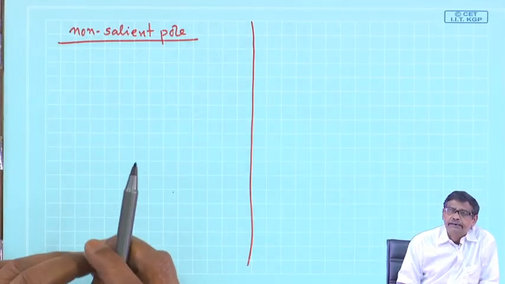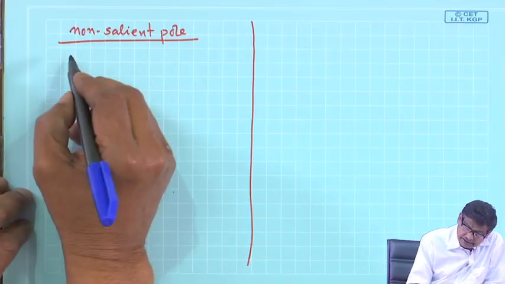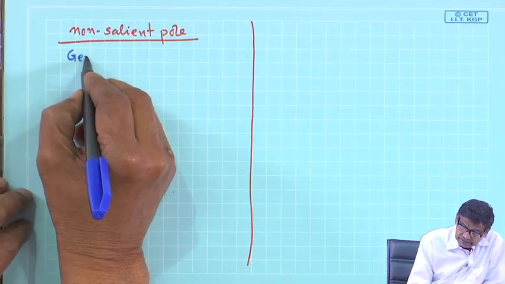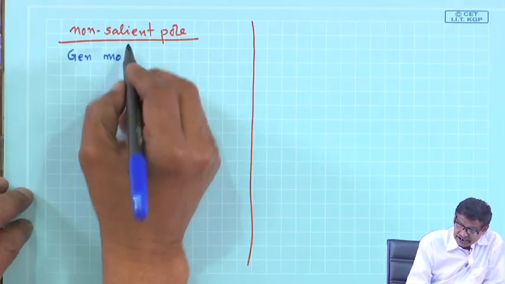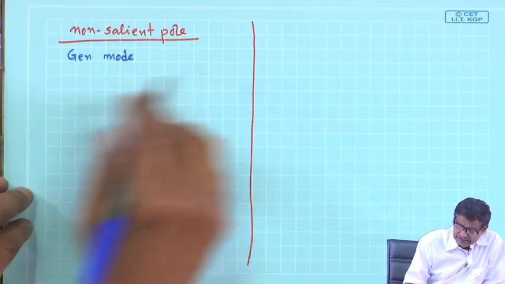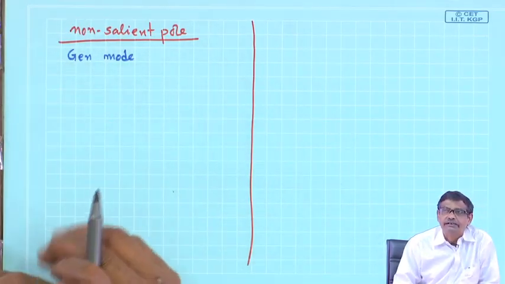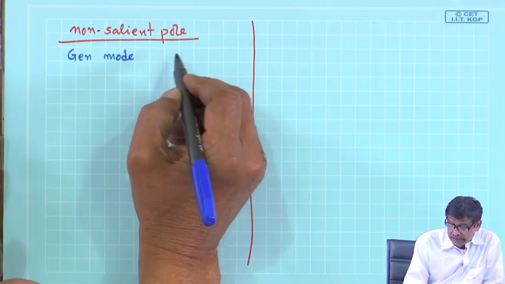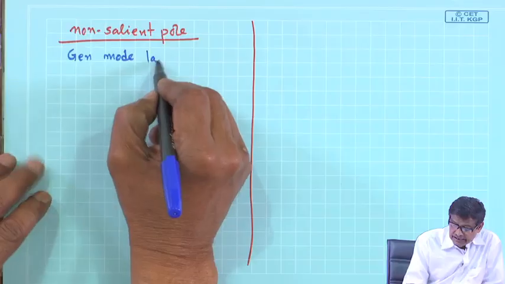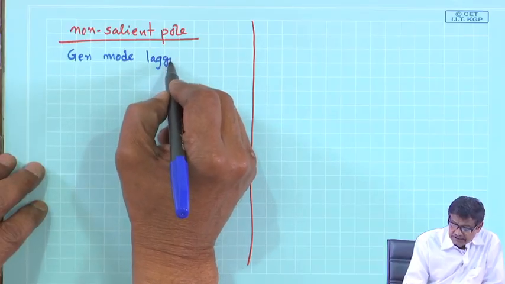Suppose I say it is generator mode. I am revisiting those basic ideas, but in the light of what I have discussed in salient pole machines as well: generator mode and lagging power factor.